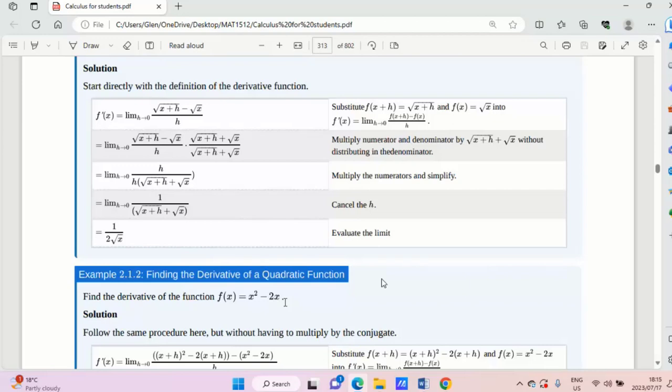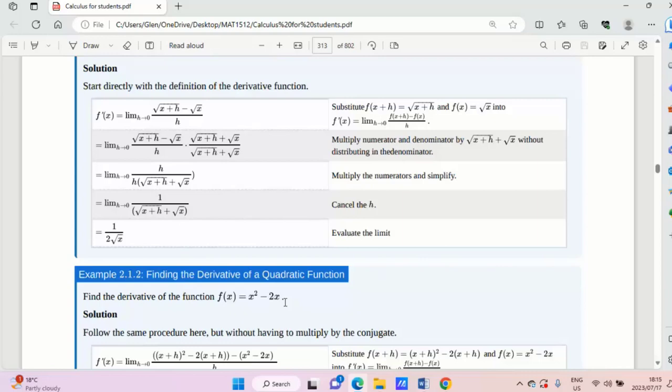Find the derivative of the function f of x, which is equal to x squared minus 2x. What is it that we need to do? We need to write f of x, which is equal to x squared minus 2x, in that form that I asked you to write down.